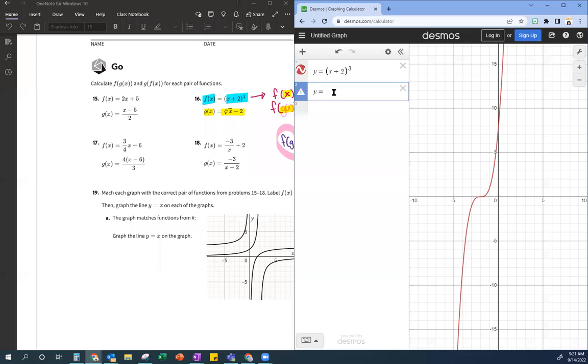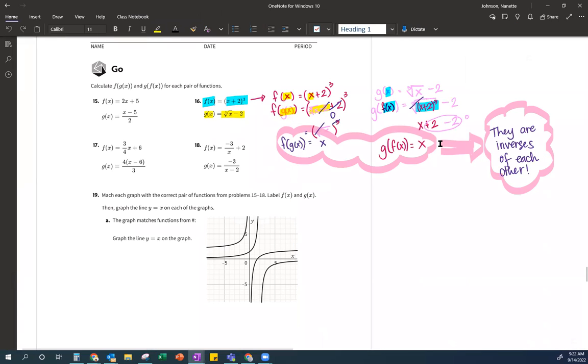Y equals the cube root of x, and then get that -2 outside. These two have a very special relationship. We already proved it algebraically. Look, they're inverses of each other.